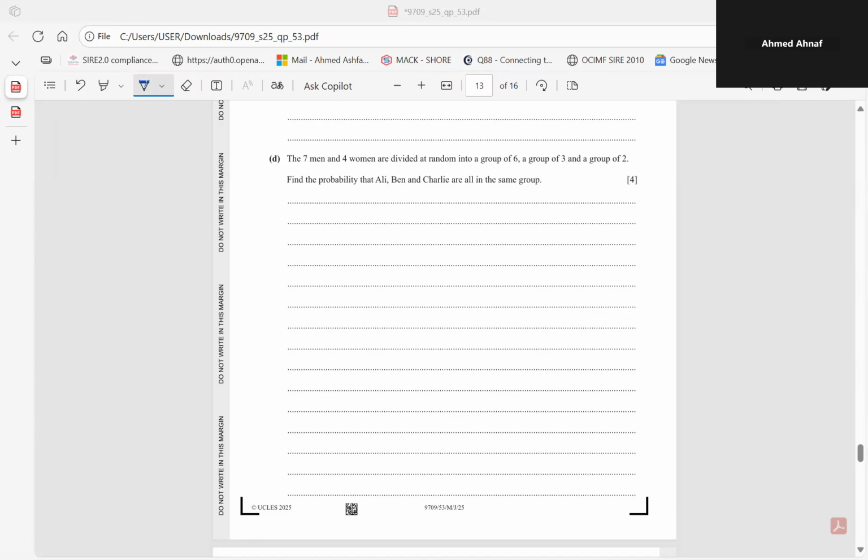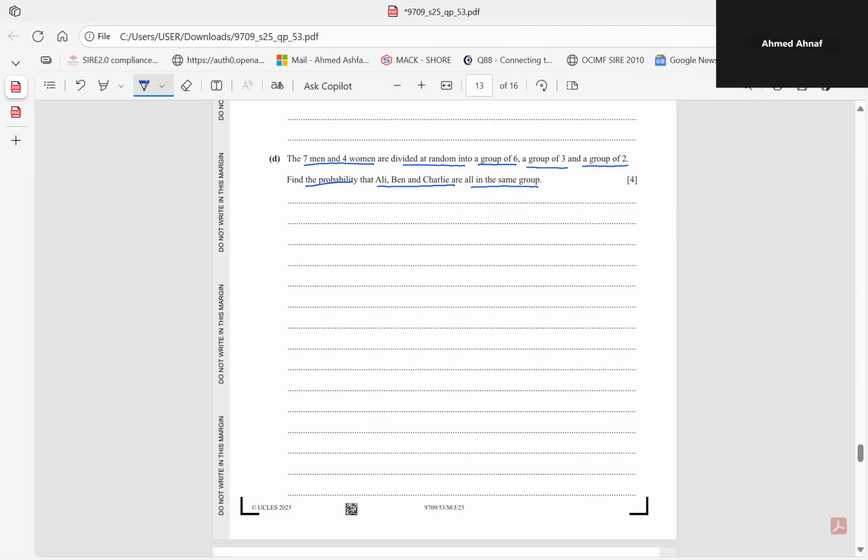Okay, so for this part, we're told that the 7 men and 4 women are divided at random into a group of 6, a group of 3, and a group of 2. And we have to find the probability that Ali, Ben, and Charlie are all in the same group.